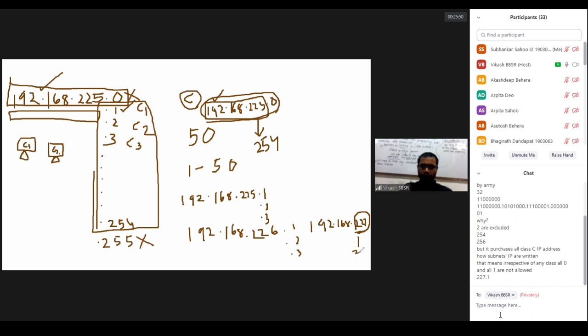When it becomes 255, then again the second part will change to 167, and it will start again from 122.167.69.1.1. Clear?